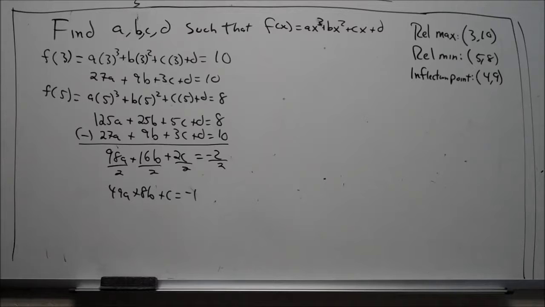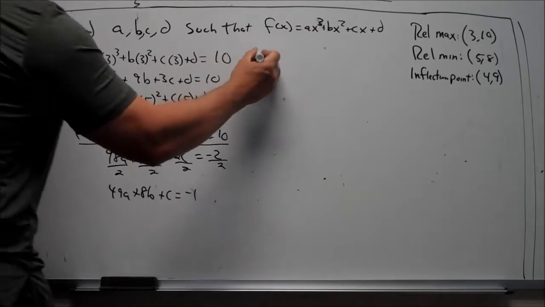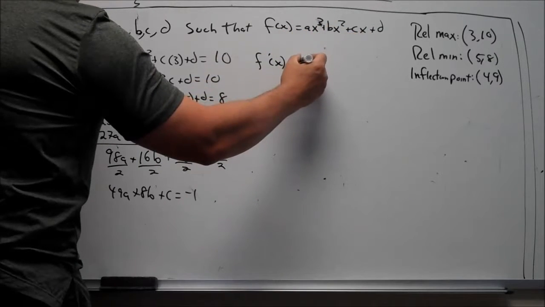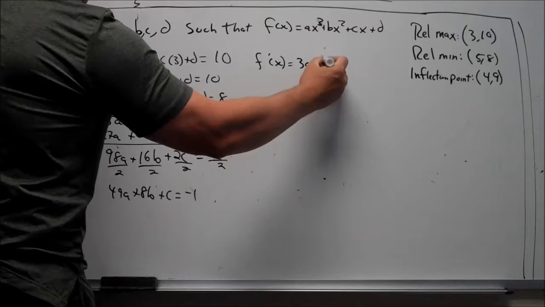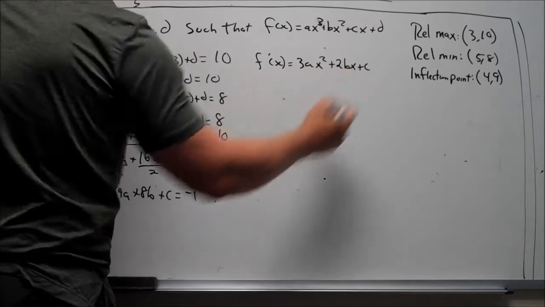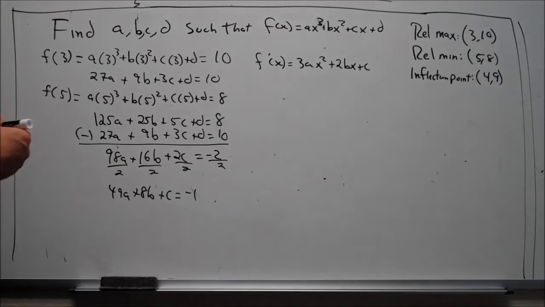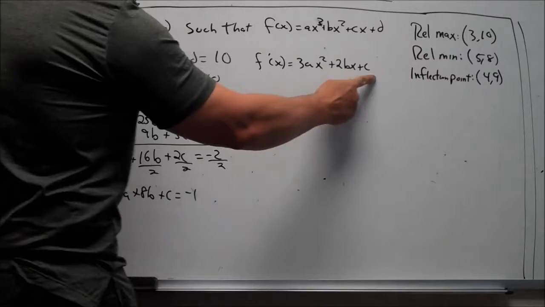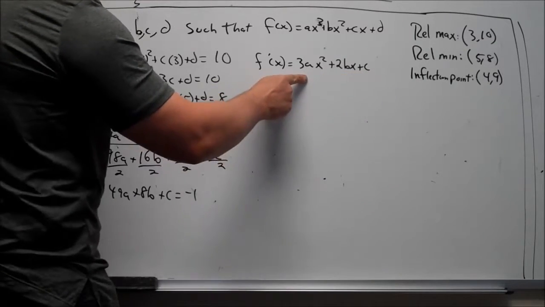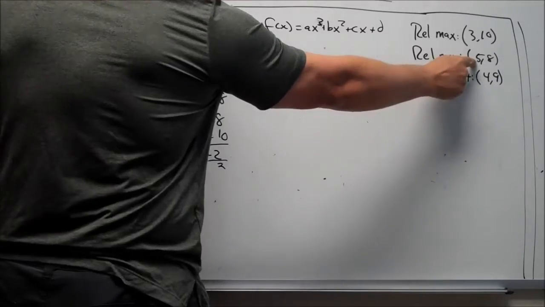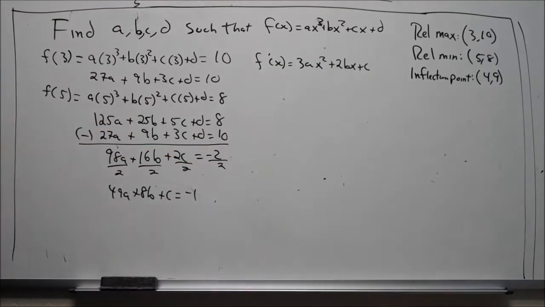Okay, that's cool. Now what else can we find here? Well, we know that f prime of x is going to be 3ax squared plus 2bx plus c. Now because of the relative max and min, this thing is equal to 0 when x is 3 and x is 5, because those are critical numbers.